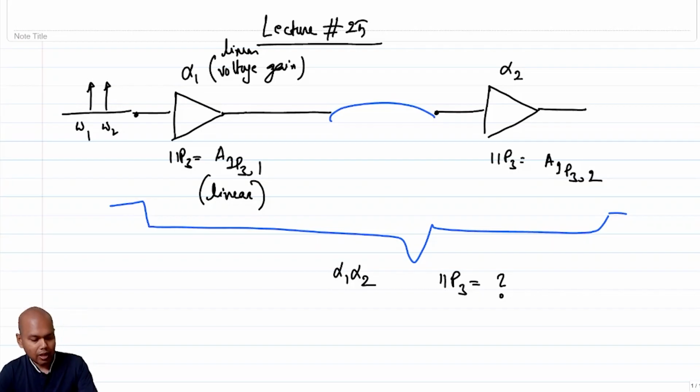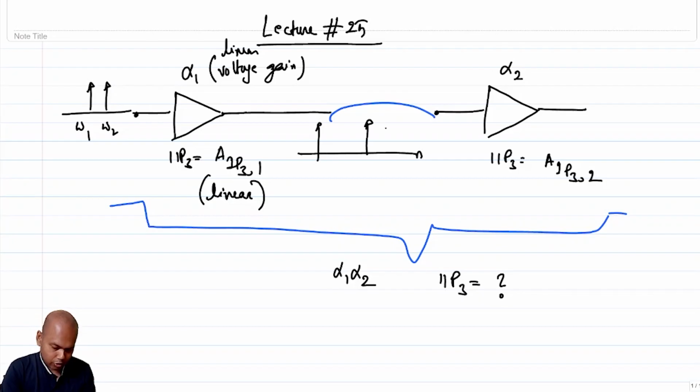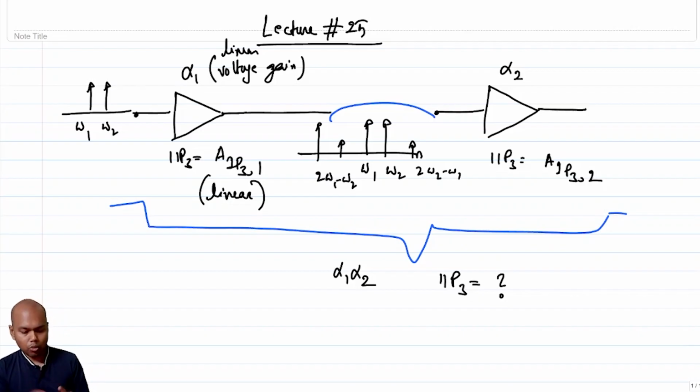And I'm going to get a big trigonometric identity, which essentially means that at the output of the first block, I'm going to get outputs at omega 1, omega 2, and also at 2 omega 1 minus omega 2 and 2 omega 2 minus omega 1. Now these four tones are the input to the next block.